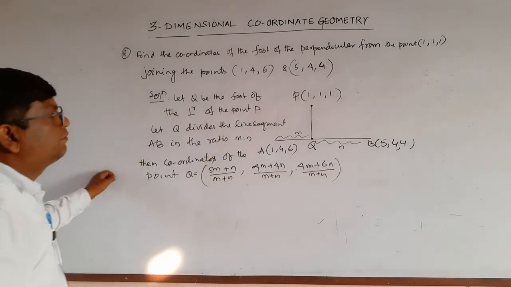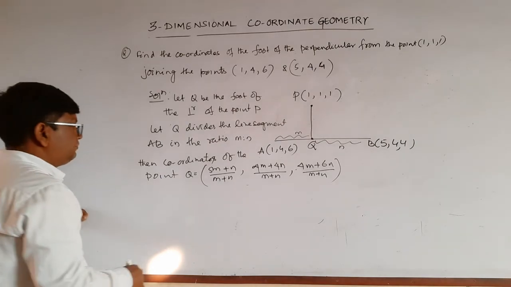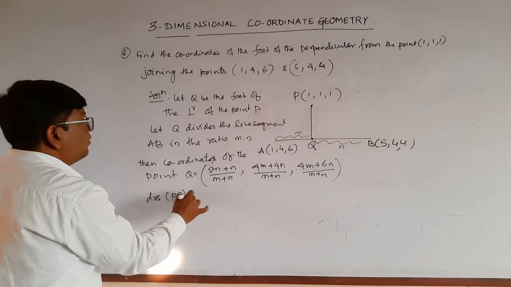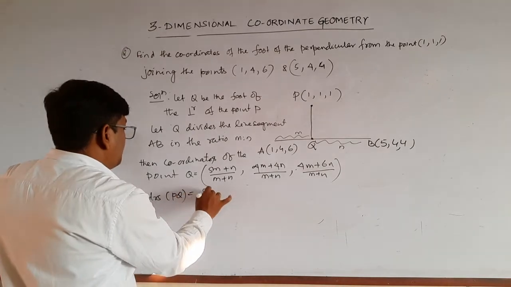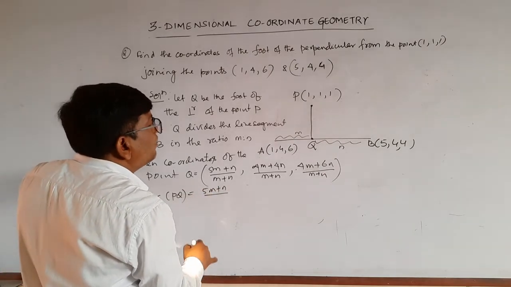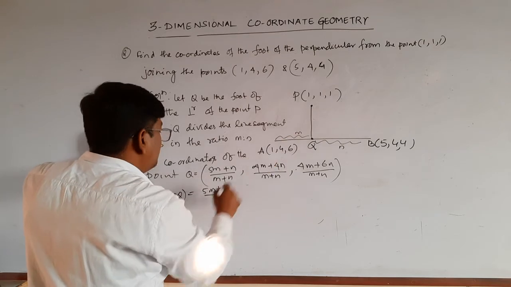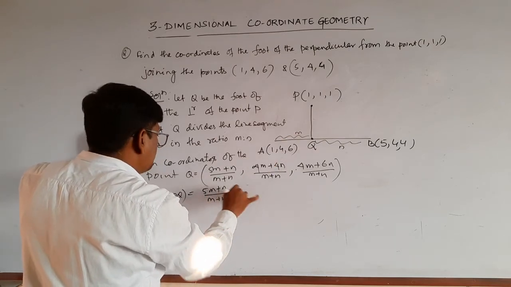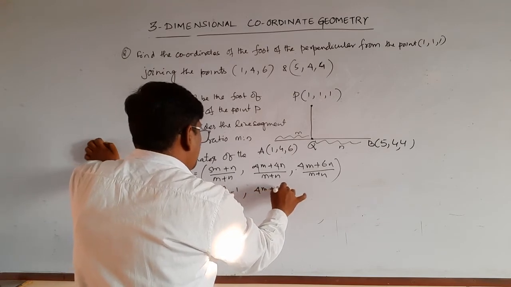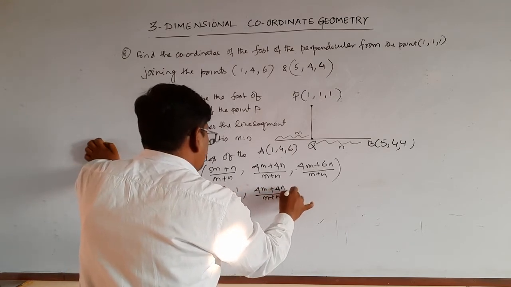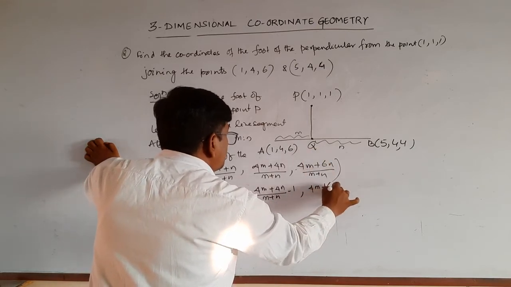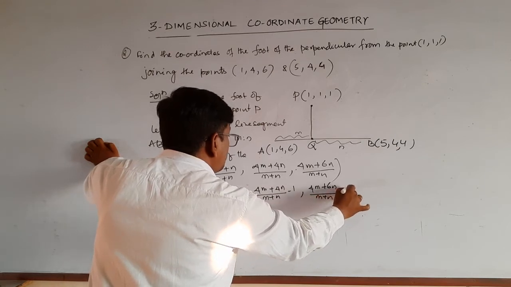Now DRs of PQ. What is DRs of PQ? That is 5m plus n divided by m plus n minus 1, 4m plus 4n divided by m plus n minus 1, and 4m plus 6n divided by m plus n minus 1.